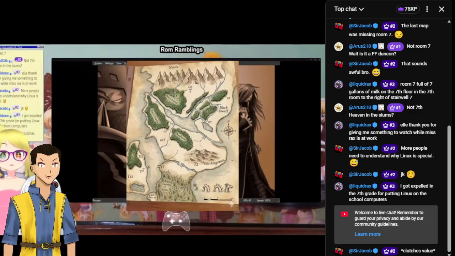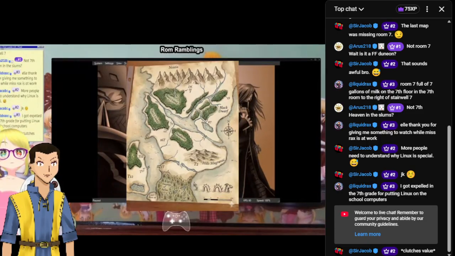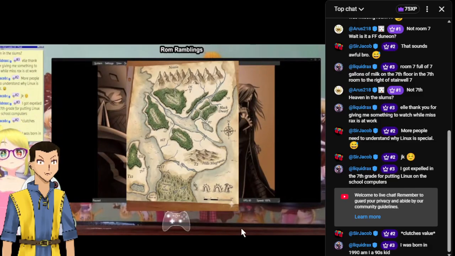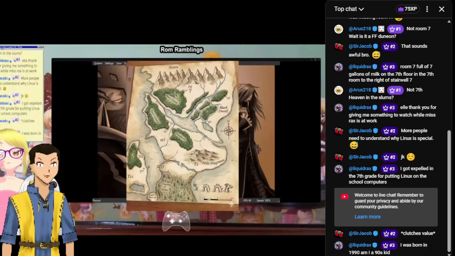We were discussing the different types of dungeons. There's your traditional classic dungeon, which is your tombs and other stuff like that, and then there's your natural dungeons, which we were having a conversation about.